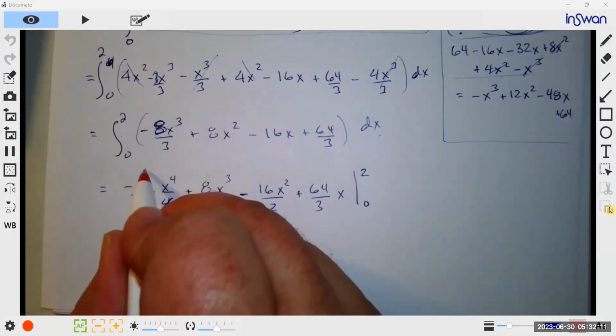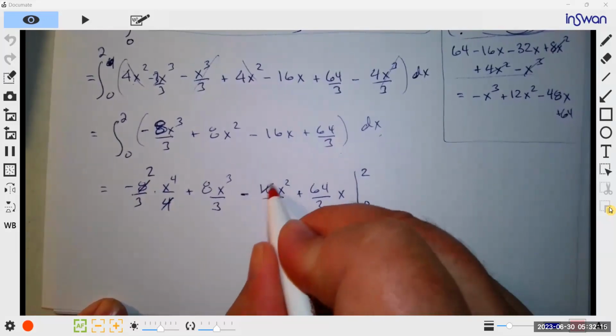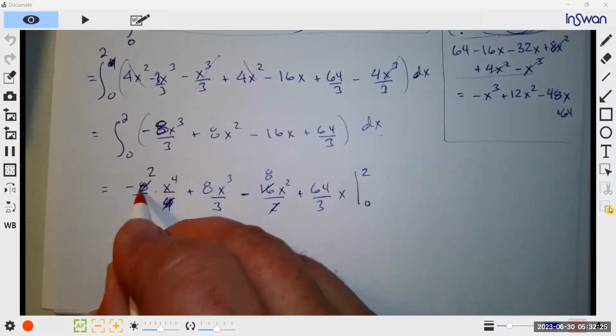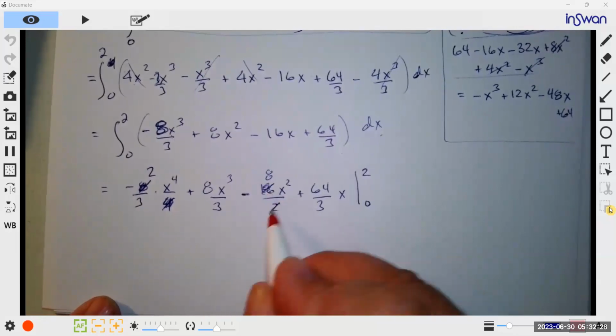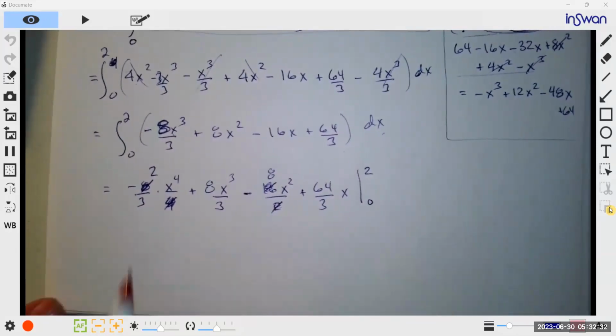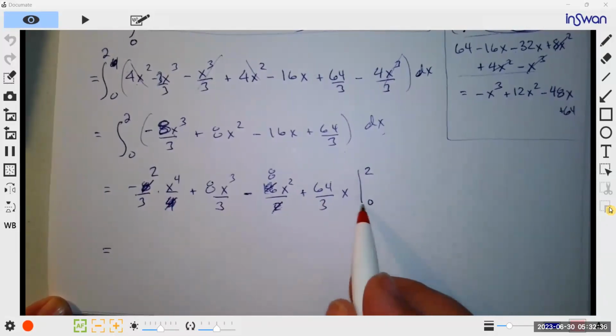The 4 cancels with the 8. 2 cancels with the 6. That doesn't go. So the bottom part's going to be, since they all have x's as 0, we don't have to worry about that.